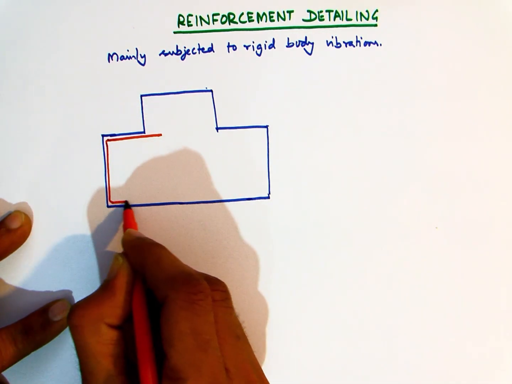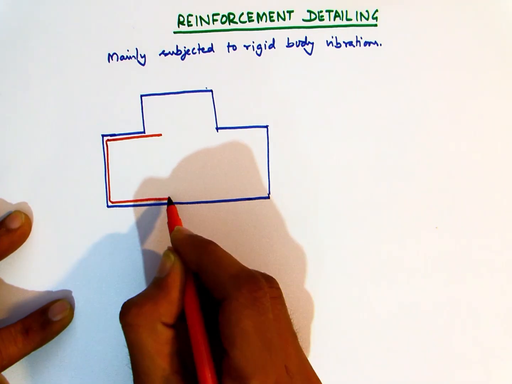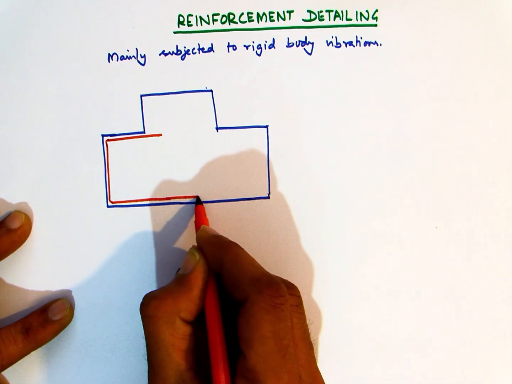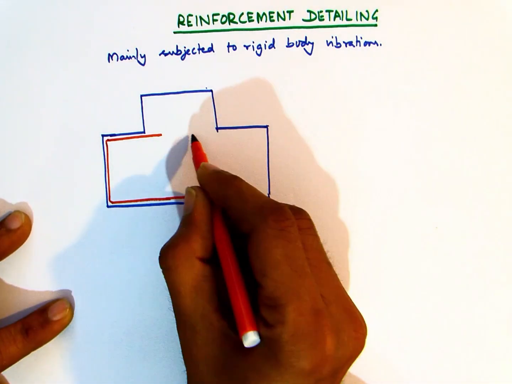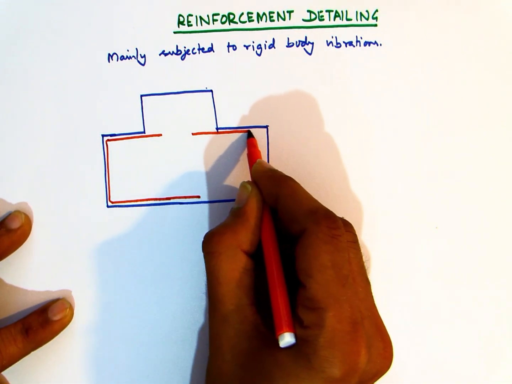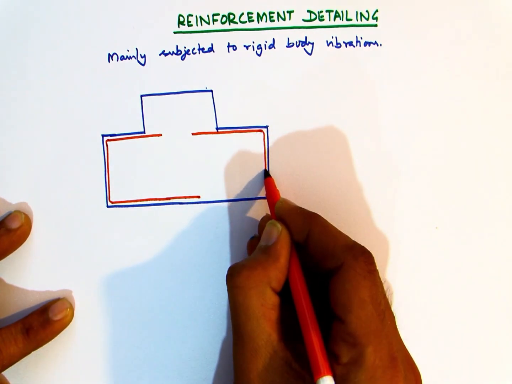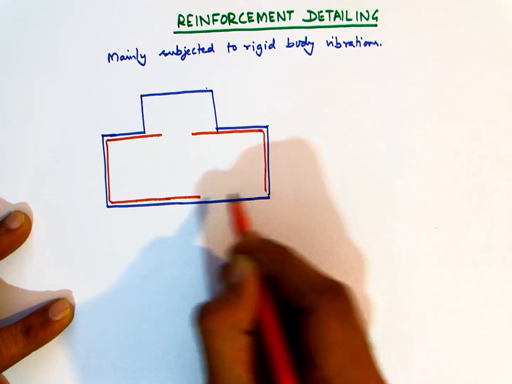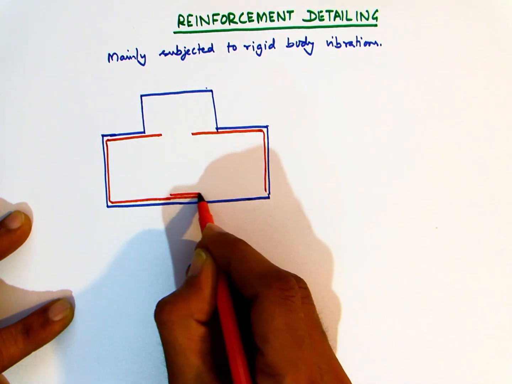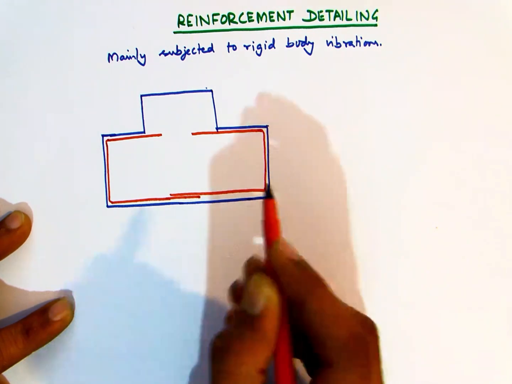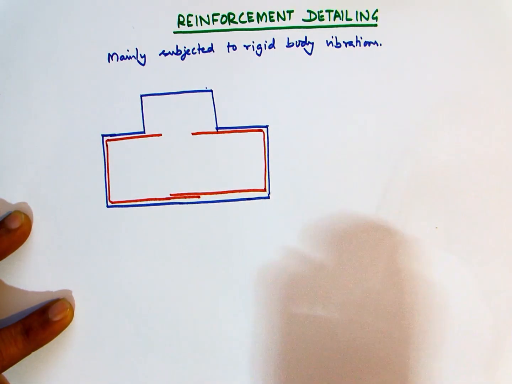Usually we use L-shaped bars or C-shaped bars. We need to do overlapping of the adjacent bars so that adequate development length is there.